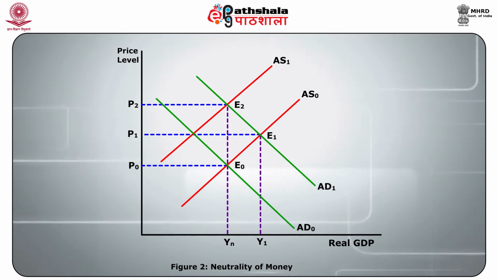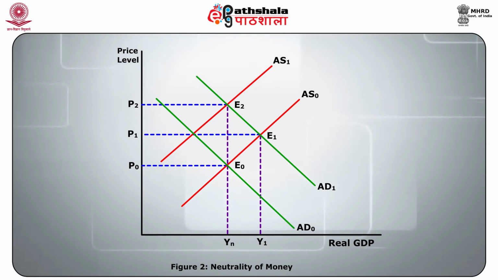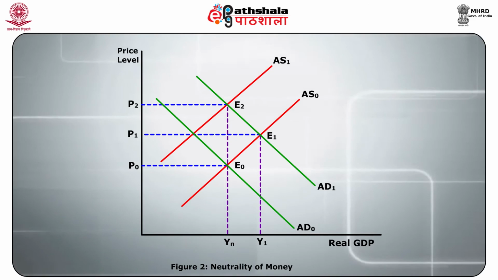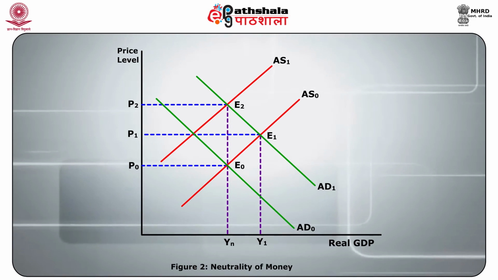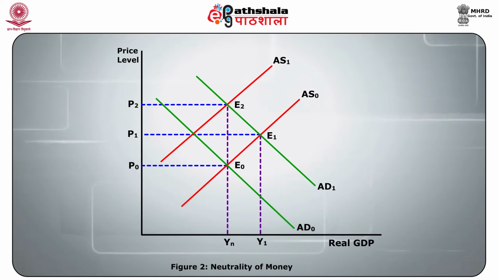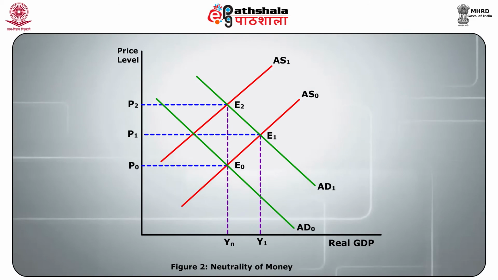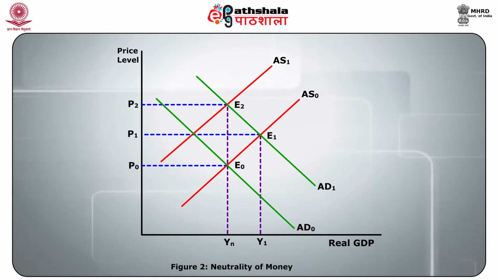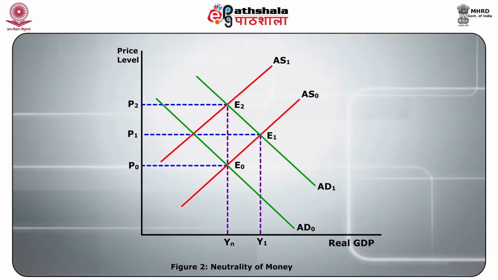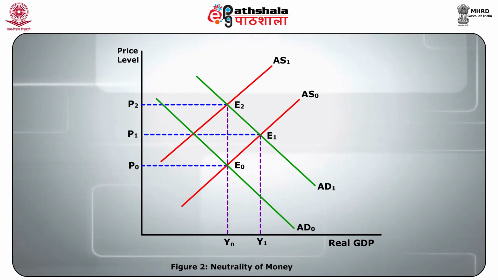This causes an upward shift in the AS curve. As wages increase, prices increase as the prices are based on the factor cost, that is wages, and the economy moves to E2. Thus, in the long run, only the price level increases from P0 to P2 with output remaining constant at the natural rate.